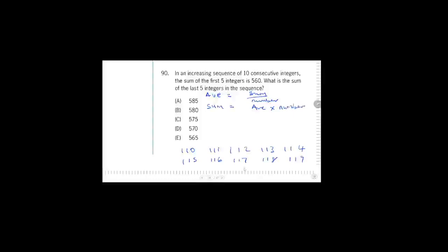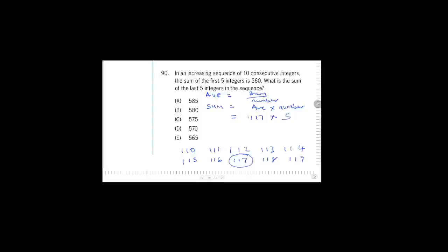Yes. Do you also remember when we said that for consecutive numbers the average equals the mean equals the median, meaning that the median here is 117, and this is also the mean, that is the average? If you agree on all this, then the sum is average times the number. So this is 117 times 5.